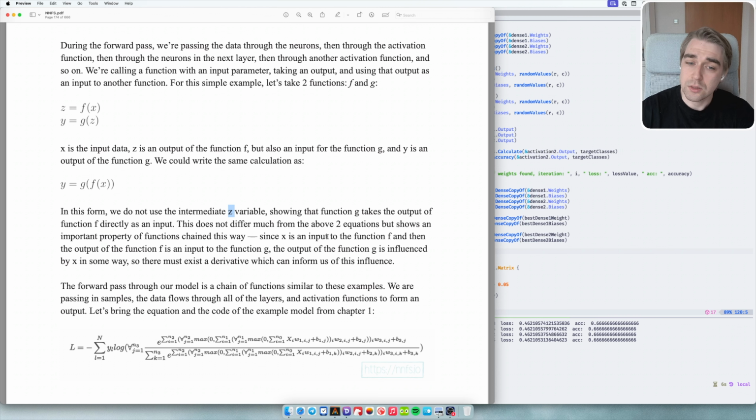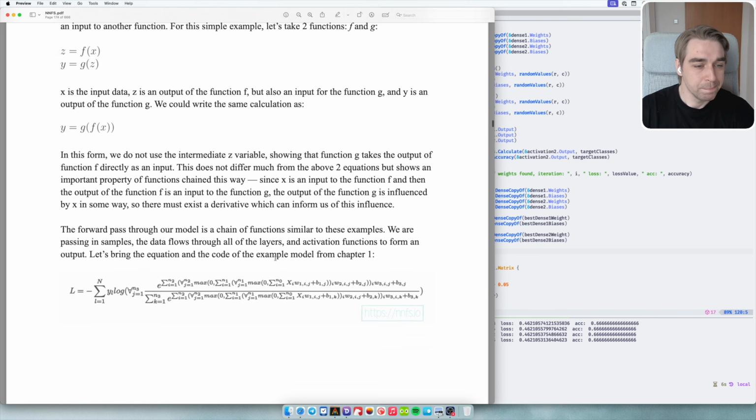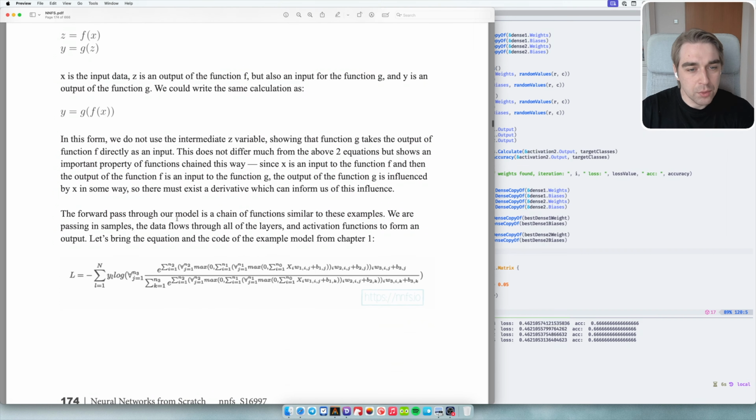Since x is an input to the function f and then to the output of the function f, the output of the function g is influenced by x in some way, so there must exist a derivative which can inform us of this influence. The forward pass through our model is a chain of functions similar to these examples. We are passing in samples, and the data flows through all of the layers and activation functions to form an output.